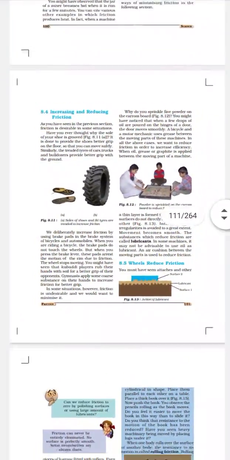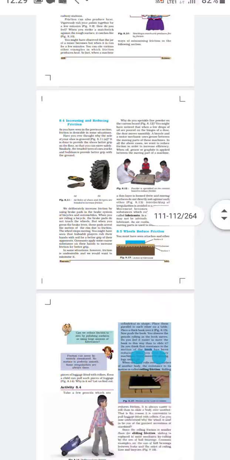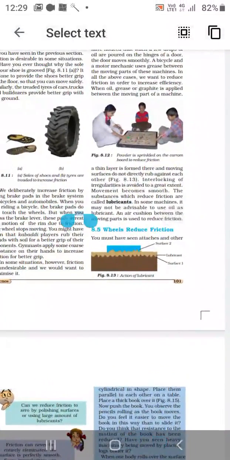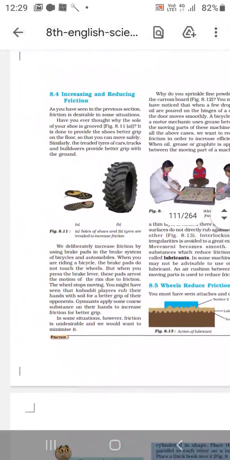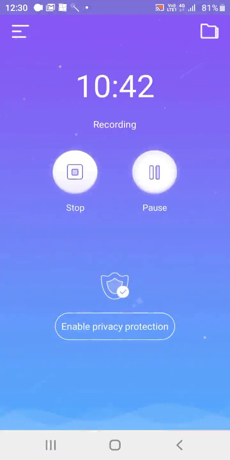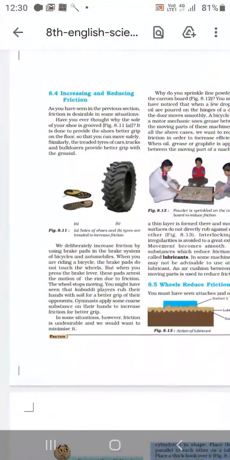Increasing and reducing friction. As you have seen in the previous section, friction is desirable in some situations.